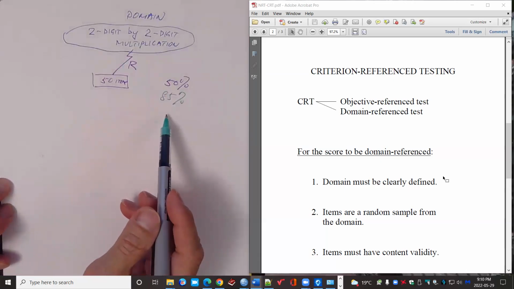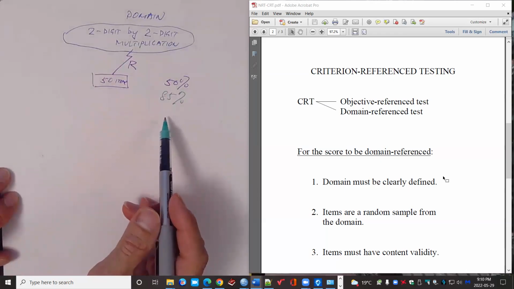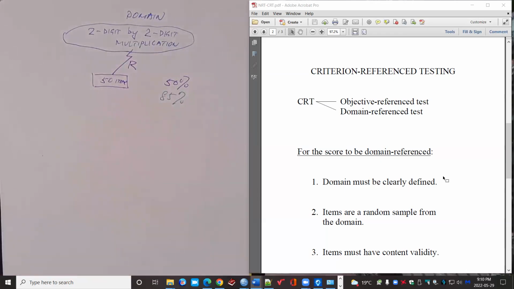Now let's say another good example of CRT is the driver's license multiple choice test. Most of you have taken this test in Ontario or in any part of Canada. We do have the multiple choice test, the written test for driver's license. You must attain something like 93%, the last time I checked, to pass it.